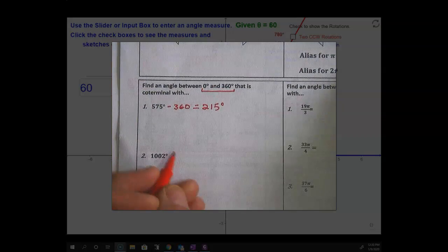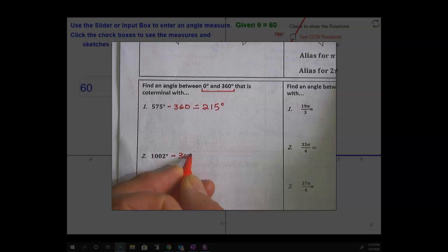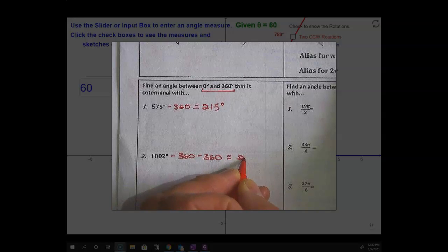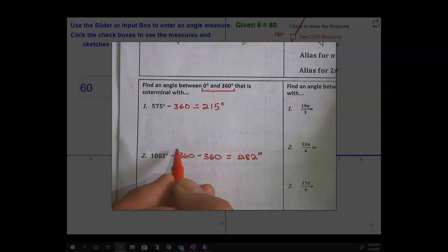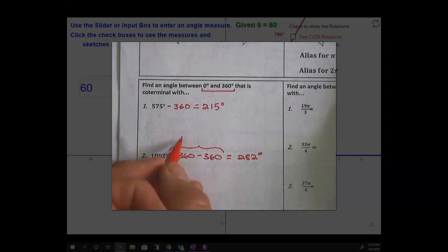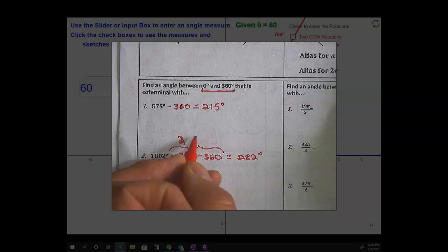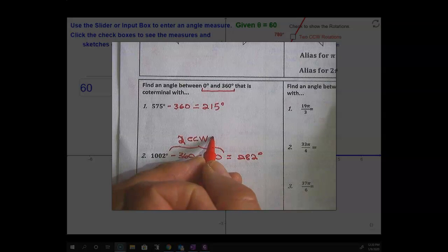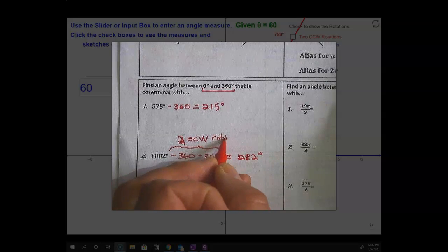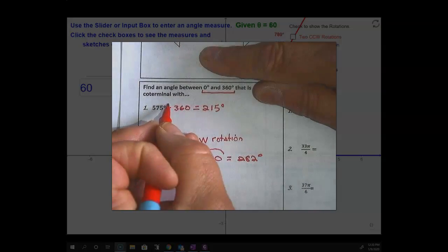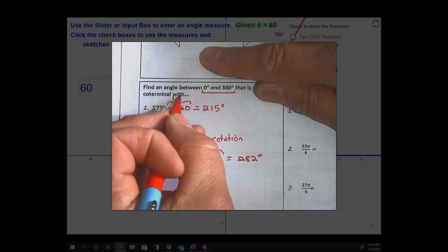So this one required 2 counterclockwise rotations to get it down between 0 and 360. When you do that, it unwinds it down to 282. The 575 was 1 counterclockwise rotation.